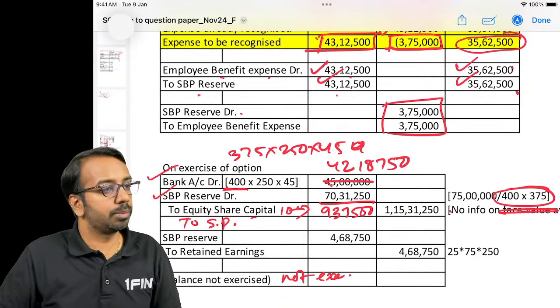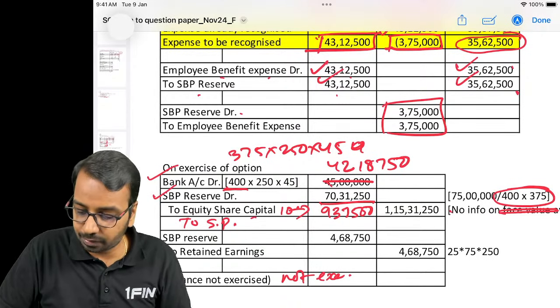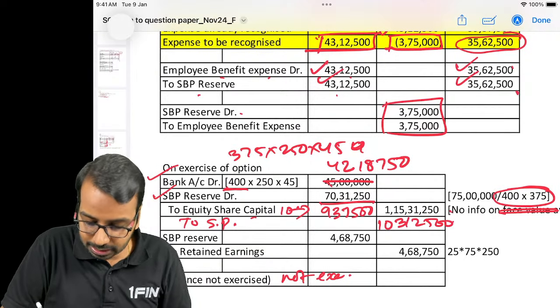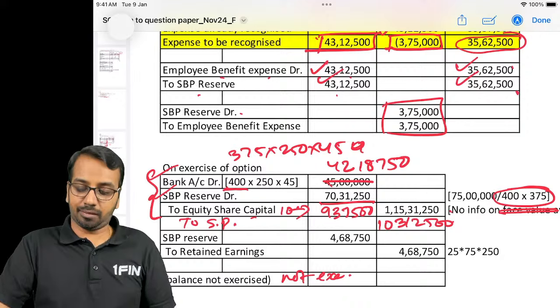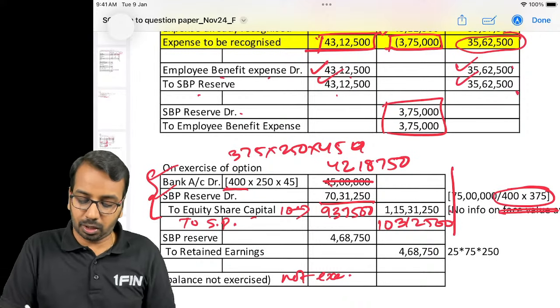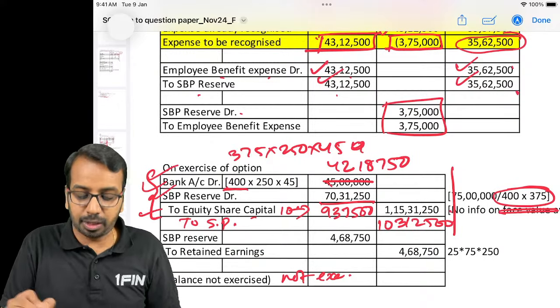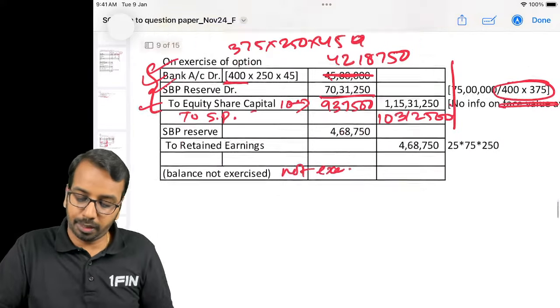Okay, so the balance will be 1 crore 3 lakhs 12,500. 1 crore 3 lakhs 12,500. I'll still cross check this, in case I have missed the calculation. But this is the logic here. If you assume that they exercise in the subsequent period, again you will have a repeat of this particular entry.